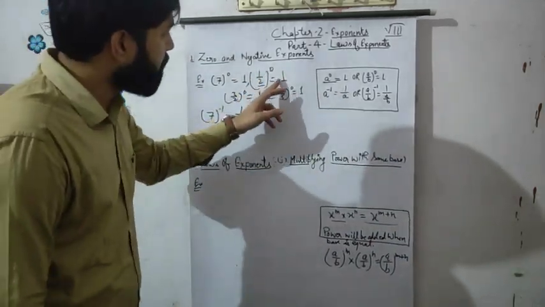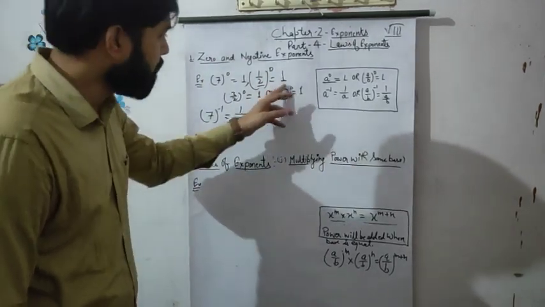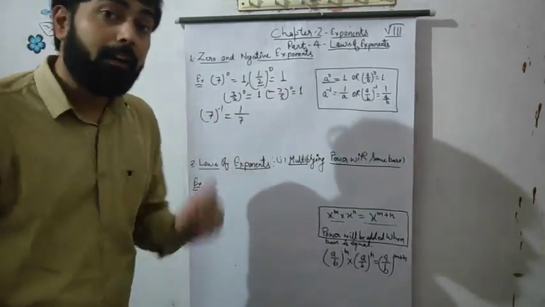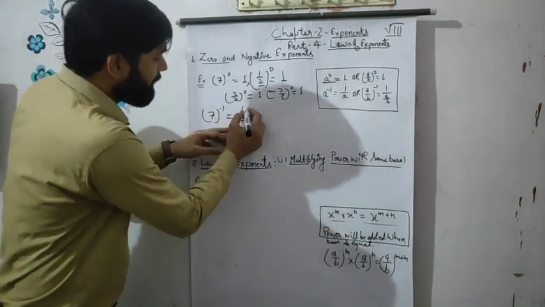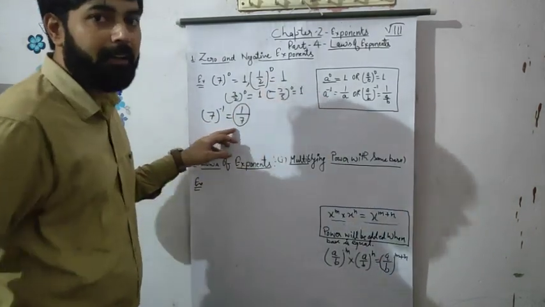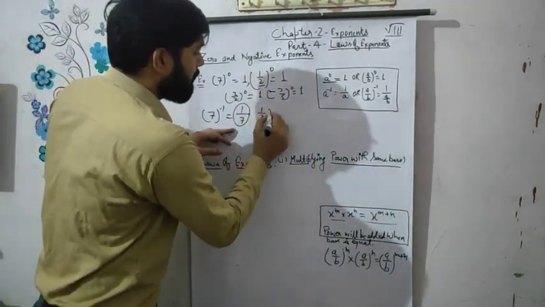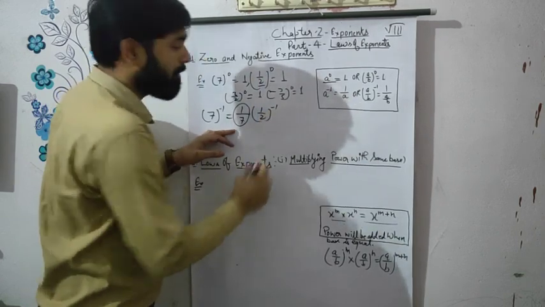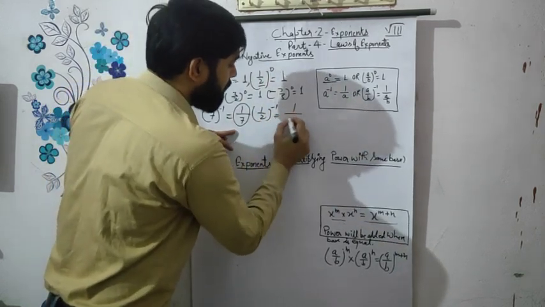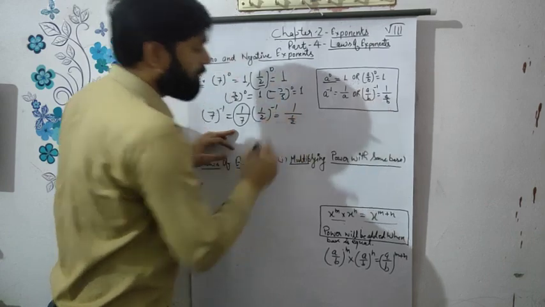If the 0 power value is 1, then the minus 1 power value will be written in this form, 1 upon 7. And like 1 upon 2 to the power minus 1, then the value will be 2 upon 1.